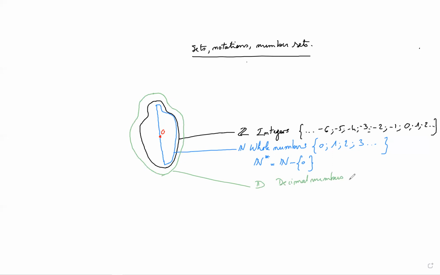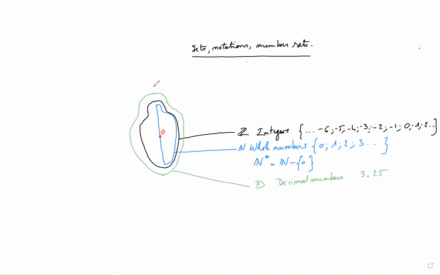They have a decimal part, a decimal point. I just give an example. 3.25, this is a decimal number, because the decimal part stops. At one point, it stops, okay? It can't be infinite if you're in the decimal numbers set.